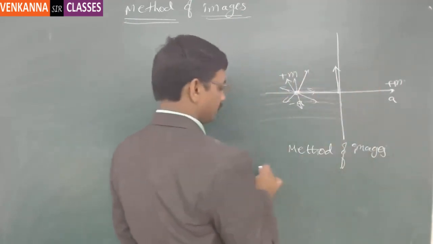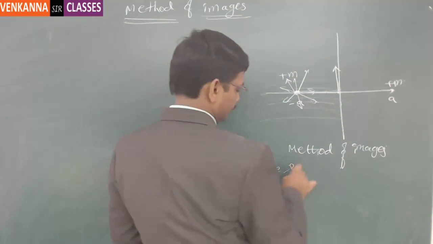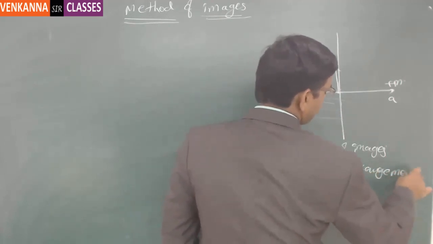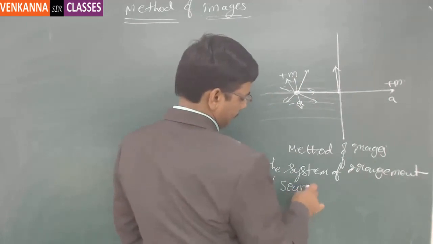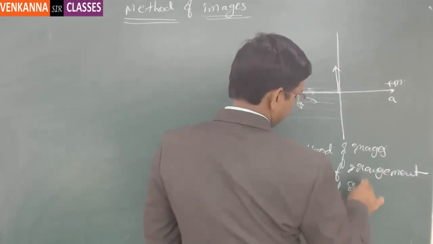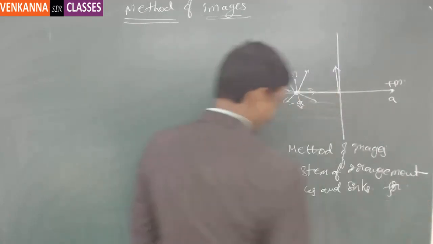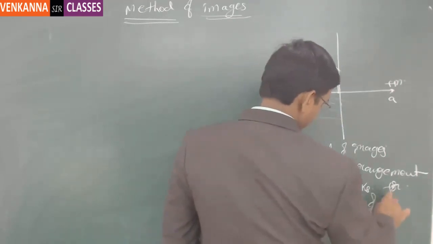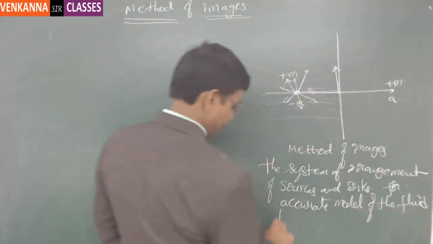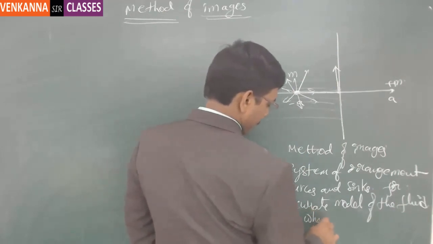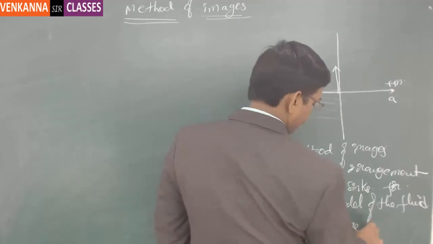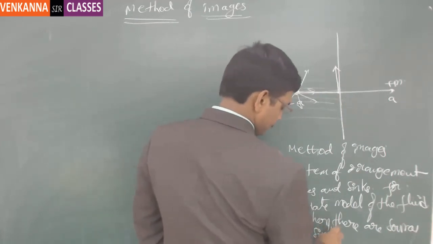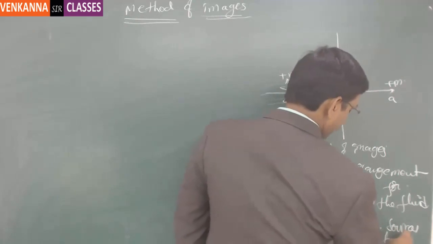This system of arrangement of sources and sinks, for an accurate model of the fluid flow when there are sources and sinks present, is called an image system.